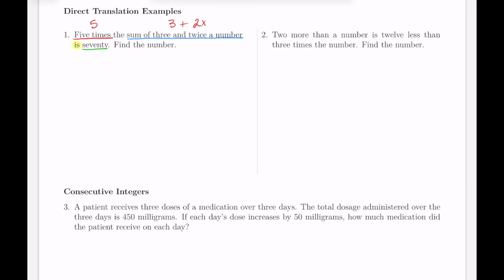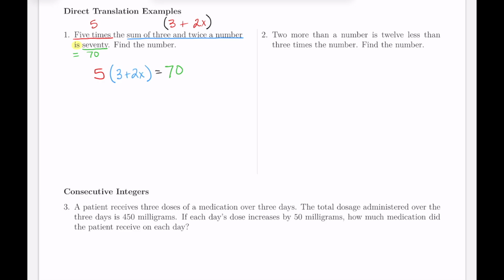If I have to take 5 times that whole amount, hopefully we've done enough of these previously that you know I have to put that in parentheses. I need to take 5 times that whole quantity. And then, of course, we do have equals 70. So when I write this all out in one line, 5 times the sum of 3 and 2x is 70.